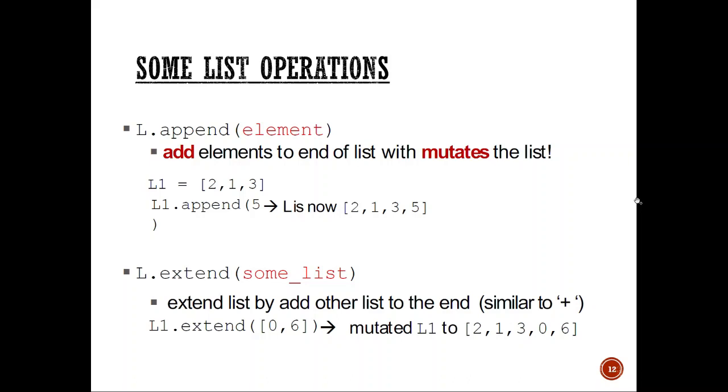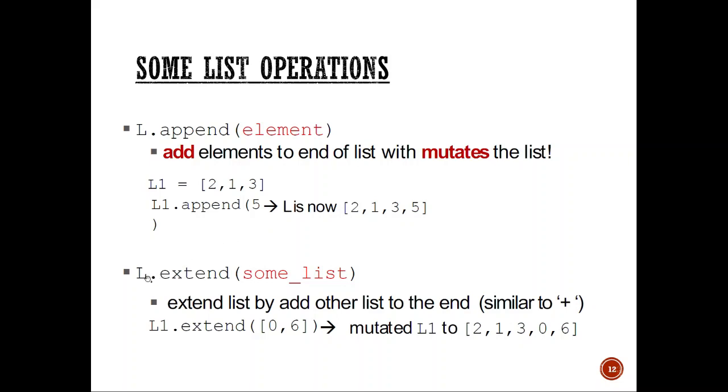Another operation possible on lists is append, which is basically adding an element to the end of the list. So for example, if we have L1 as follows, and we type L1.append(5), L1 would be 2, 1, 3, 5.